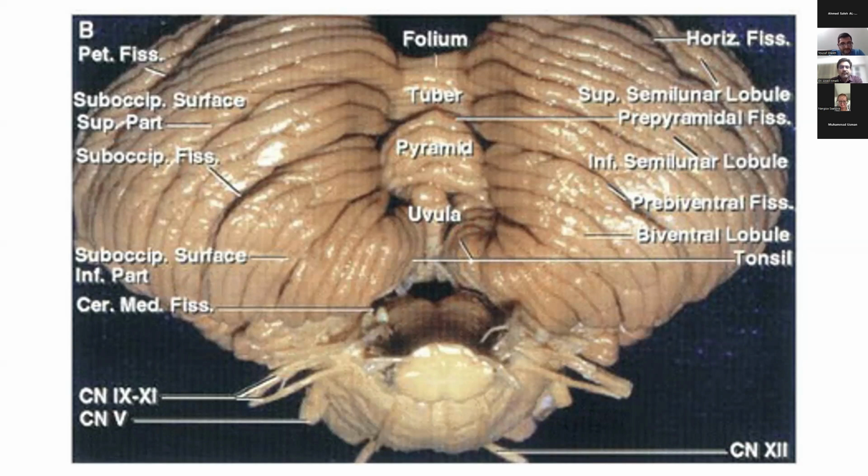And they are attached to the cerebellar hemisphere by means of a peduncle. Even though on the lateral surface it seems continuous, it is said that it is separated from the biventral lobule by means of a fissure. They have not yet named the fissure, but there is a fissure or a narrow cleft.